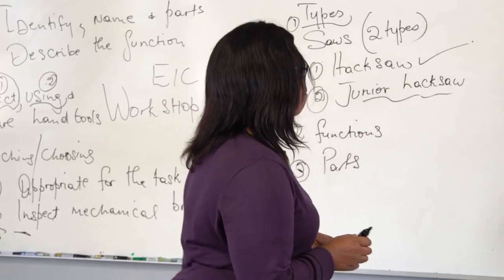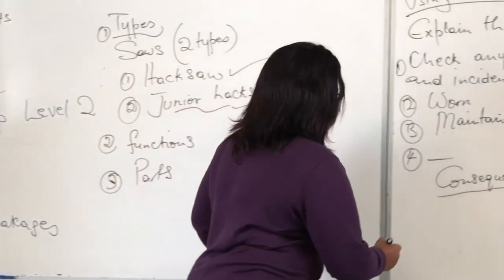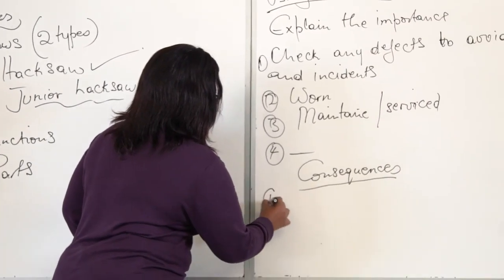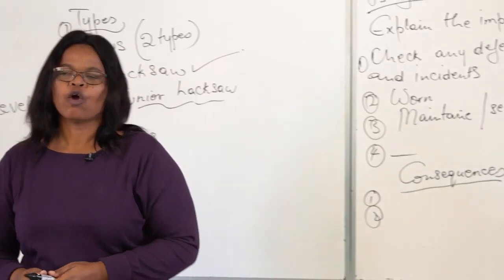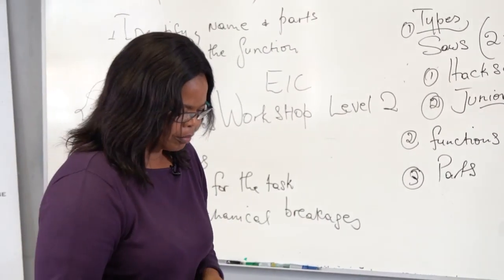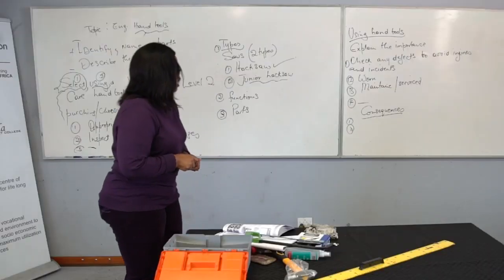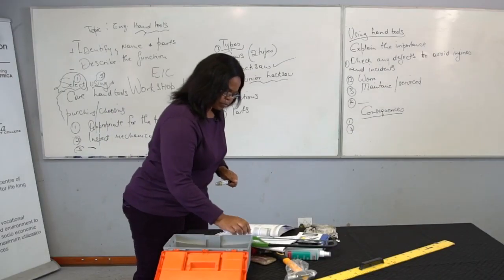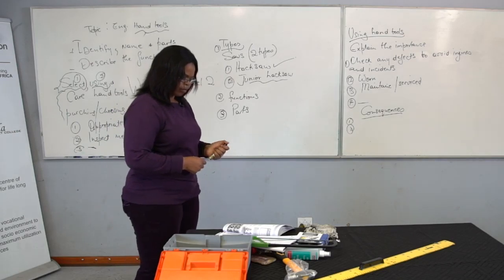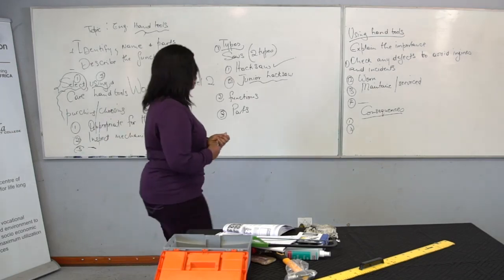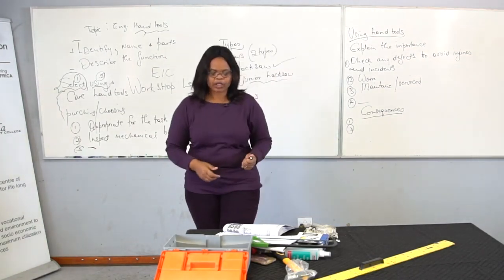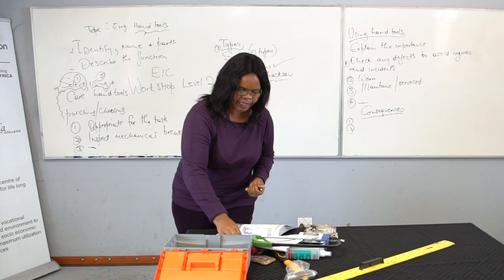Number 2, your tools must comply with the SANS regulation. And also, never use tools for a function that they are not designed for. I made an example of a screwdriver that you use as a chisel.